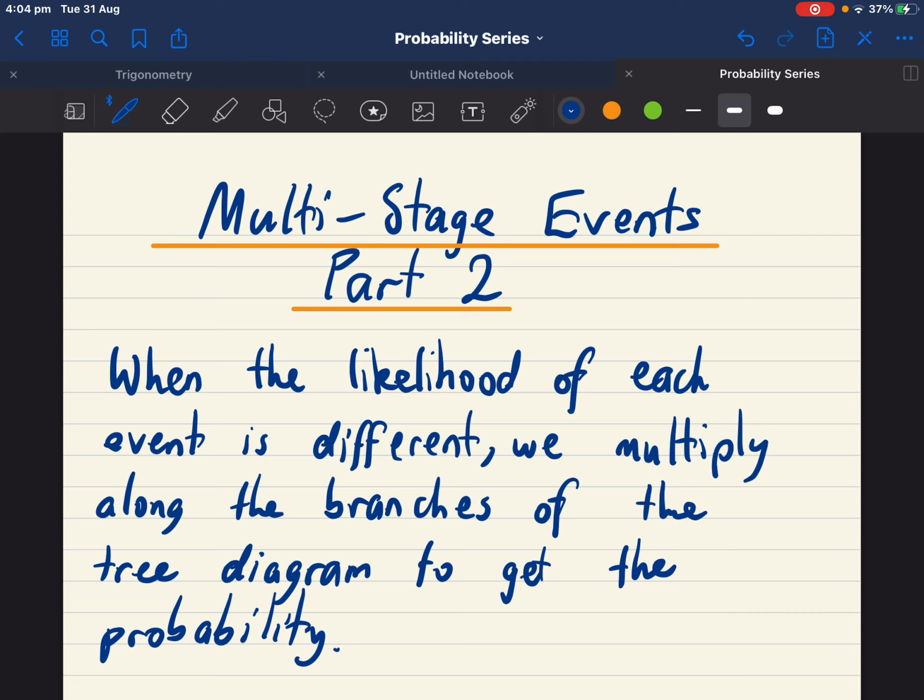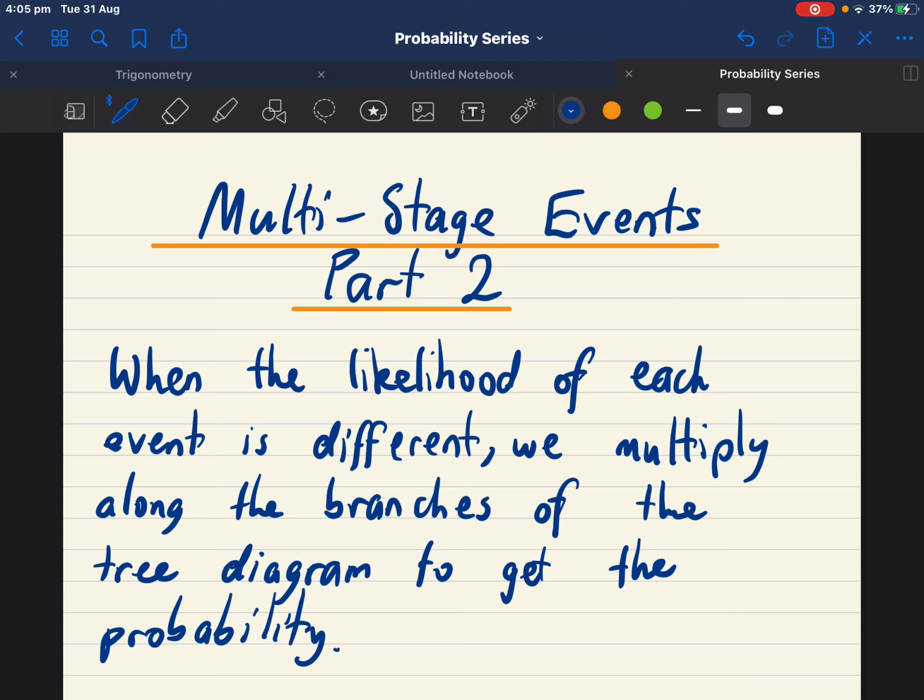Now, I just spent 30 minutes in the last lesson absolutely trashing the tree diagram, talking up how great the sample space table really is. And yes, that's true, but this lesson is really about the redemption of the tree diagram.